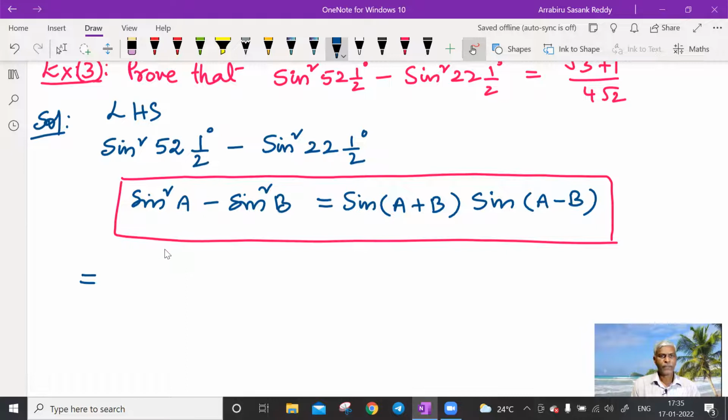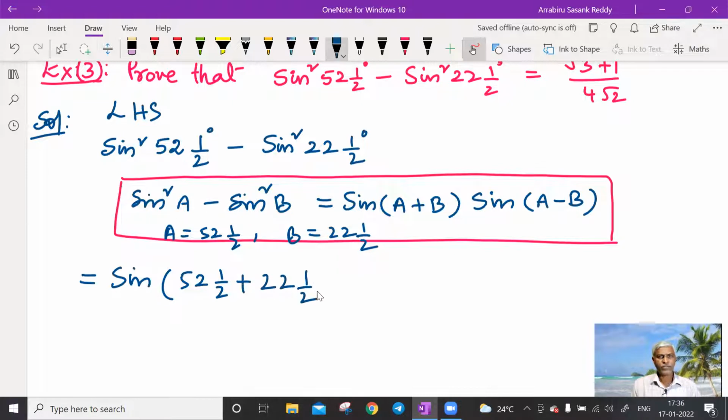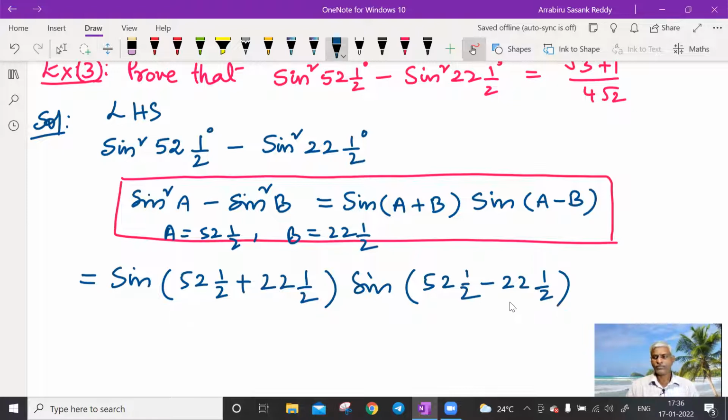Therefore, A is 52.5, B is 22.5. Sine A plus B is 52.5 plus 22.5, and sine A minus B is 52.5 minus 22.5.